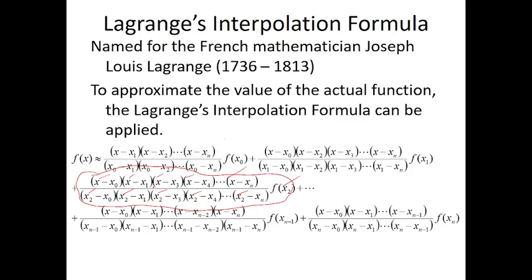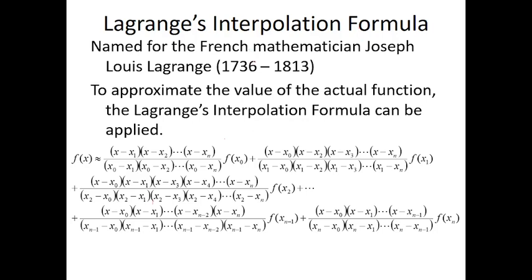As you notice, there's no x minus x sub 2 in the numerator. Likewise, in the denominator, there's no x sub 2 minus x sub 2. So that's the rule.